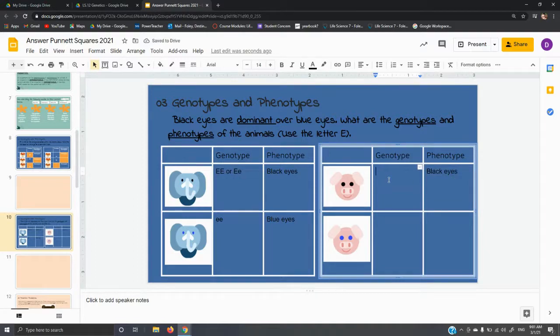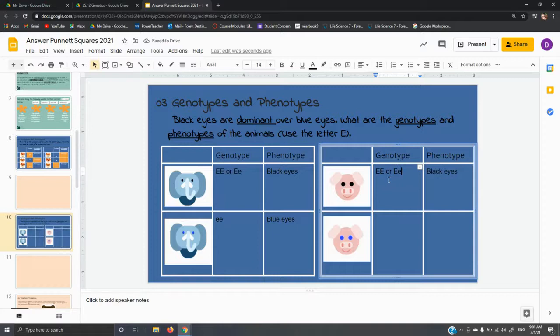Genotype, remember, if it has a dominant trait, it's got to have a capital allele. So it's going to be capital E, capital E. So it could be either homozygous, which was what the capital E means. So that means that it has two of the same alleles, or capital E, lowercase e.